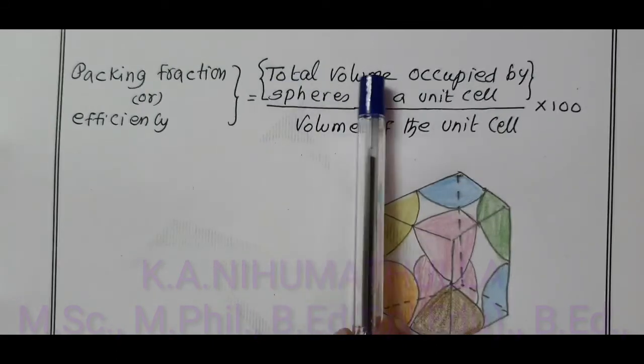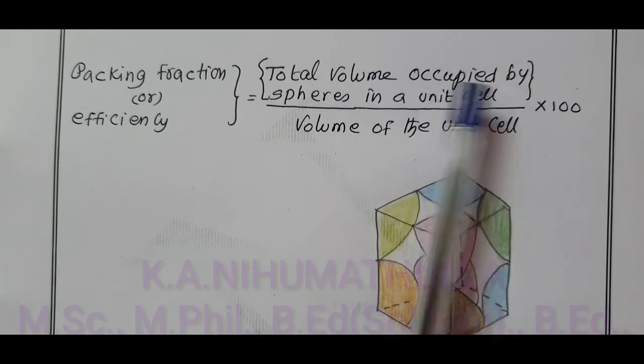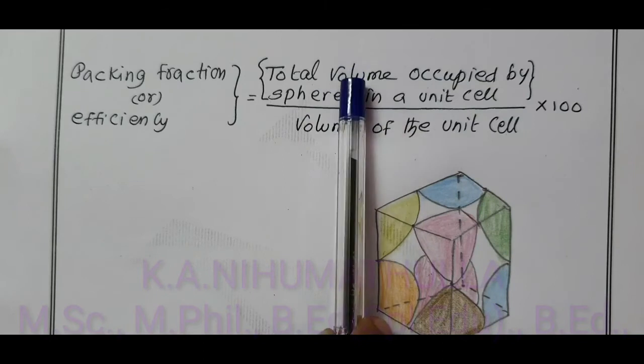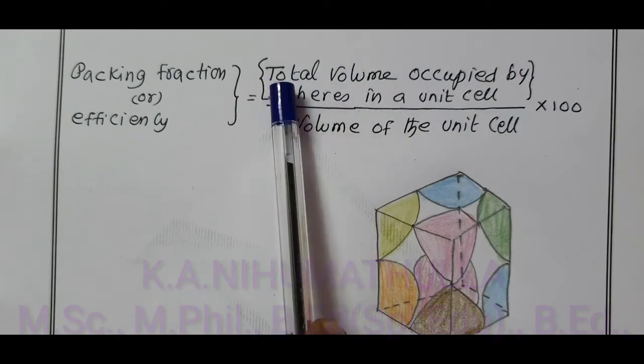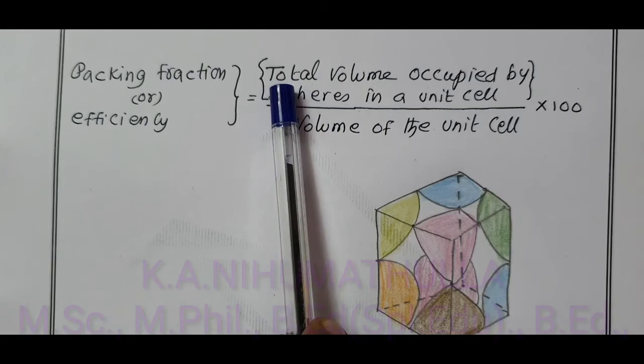So after calculating the volume occupied by the sphere in the unit cell, we have to multiply that volume value by the total number of atoms belonging to the given unit cell.